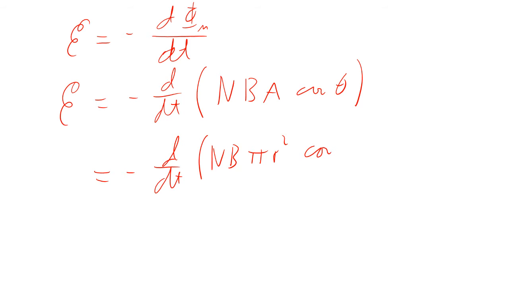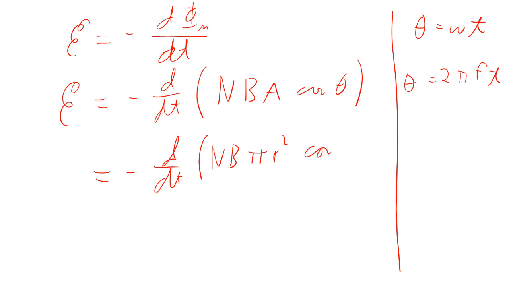We remember from physics 1 that we can write that as omega t, where omega is the angular velocity, and the angular velocity is related to the frequency as 2 pi f. So I plug that in here, 2 pi f t. Now all we have to do is take that derivative to find the EMF.